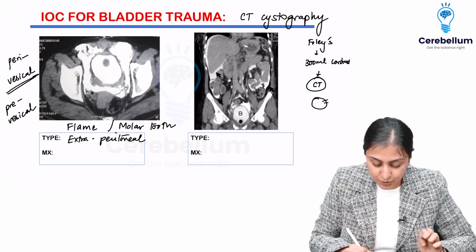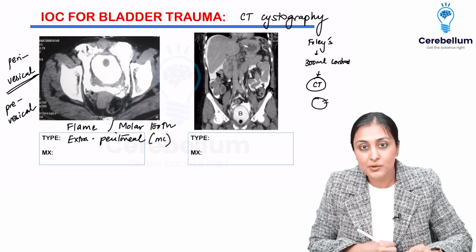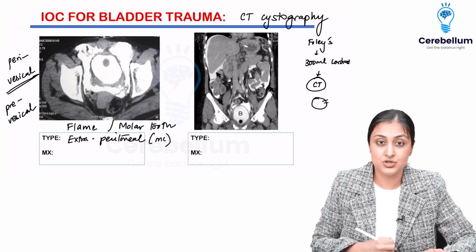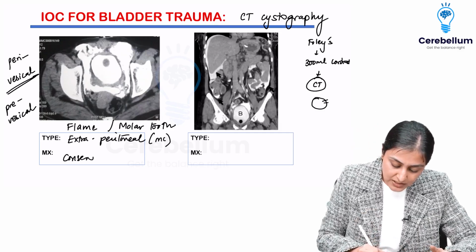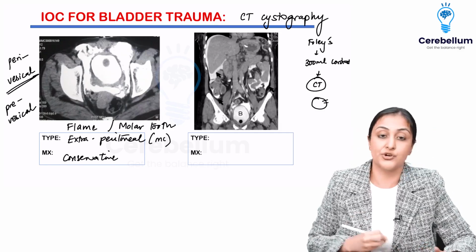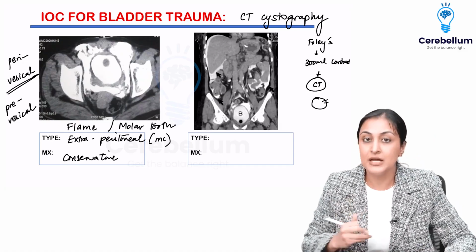This is the most common type of bladder rupture and the management is conservative. You just have to put the patient on Foley's and the patient eventually recovers.